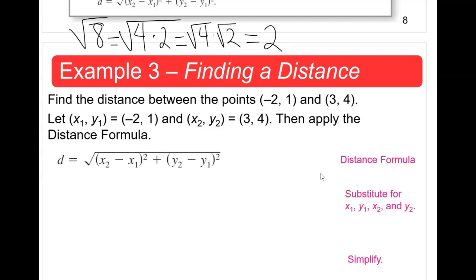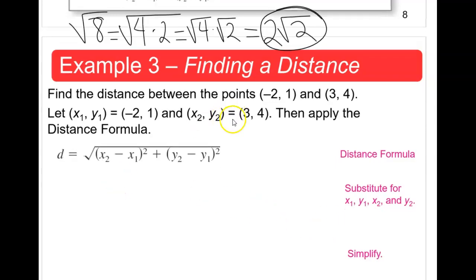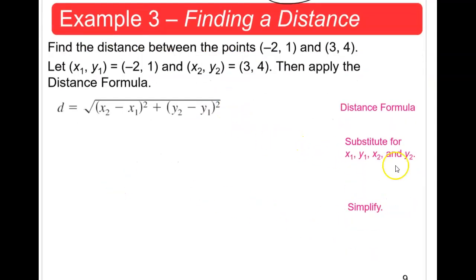And the square root of 2 will not be an exact number, so we just leave it inside the radical. So that's another example of an exact answer. If you could use an approximation, then that means that you could use decimals. They will typically ask you to round to the nearest tenth or round to the nearest hundredth or something like that. So now let's get to an example of finding the distance.